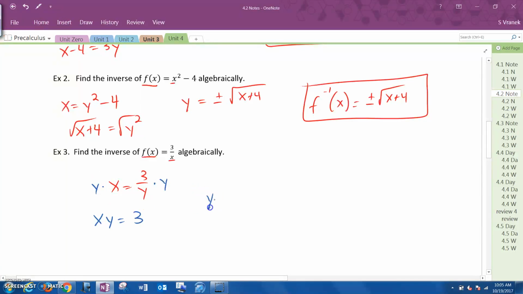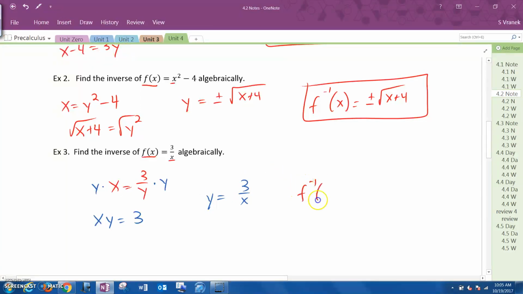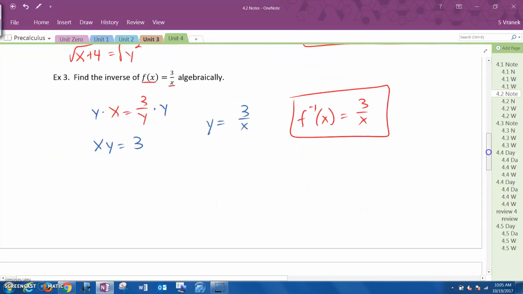So now we solve for y, and we get 3 over x, which actually is the exact same thing as the original. So the inverse is also 3 over x for this problem. And that happens with reciprocal functions. Okay. So that is solving by switching the x and y and then solving for y.